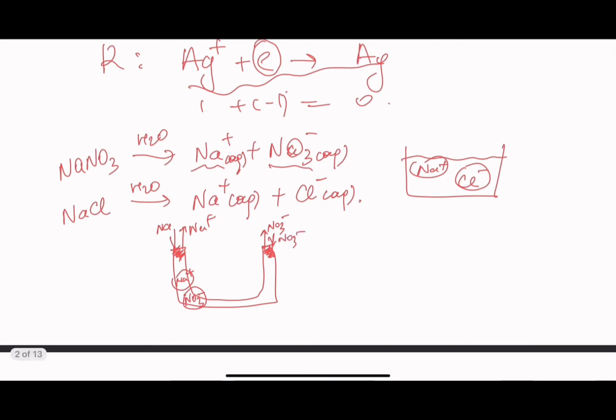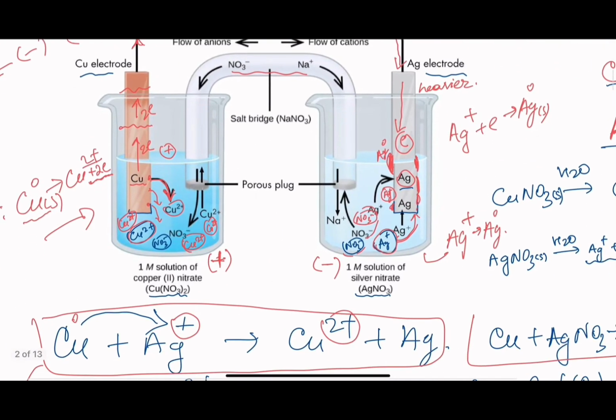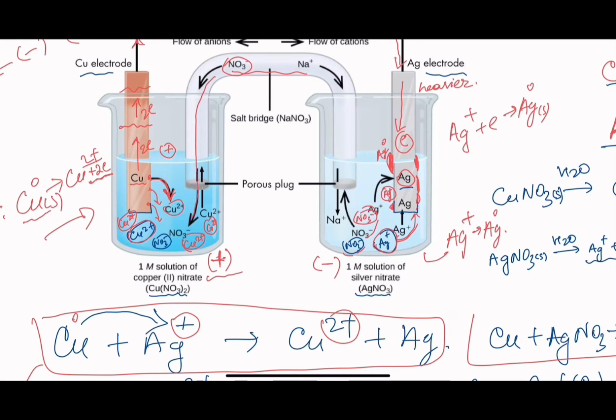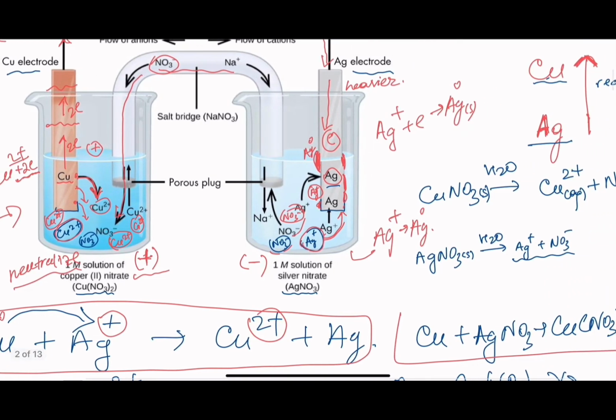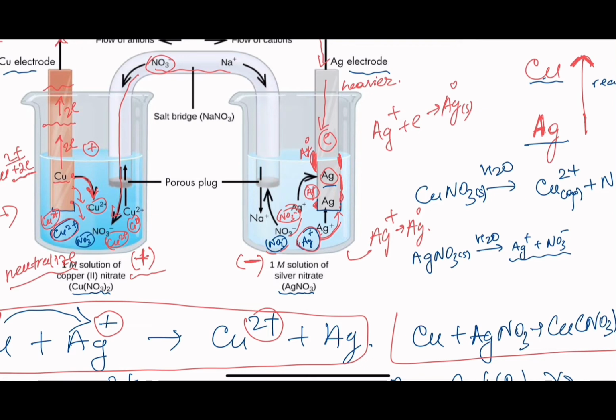Now when you have a positively charged solution, the nitrate ion is going to fly to here to balance this and neutralize the solution. While when you have a negatively charged solution in here, because of the nitrate ions, the positively charged ion is going to come through here to balance this.